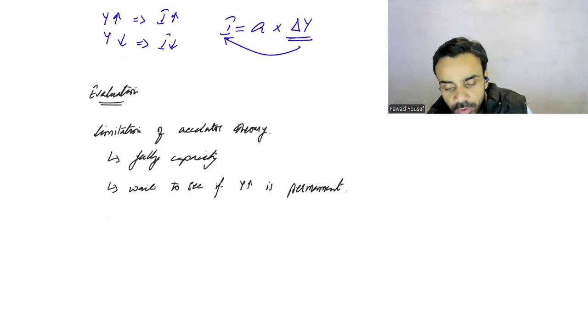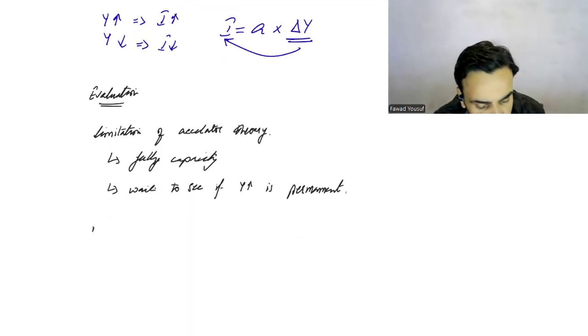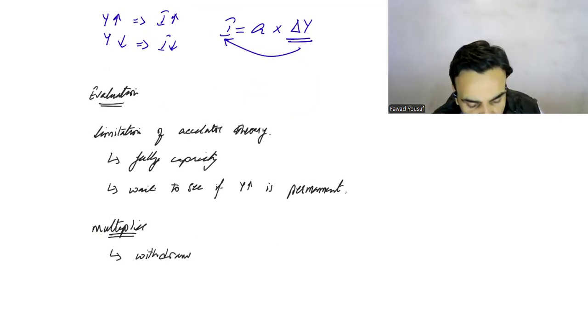उसी तरह से we want to talk about a little about the multiplier effect also. Okay, multiplier effect, if you remember, it deals with the withdrawals in the economy. How much withdrawals do you have?